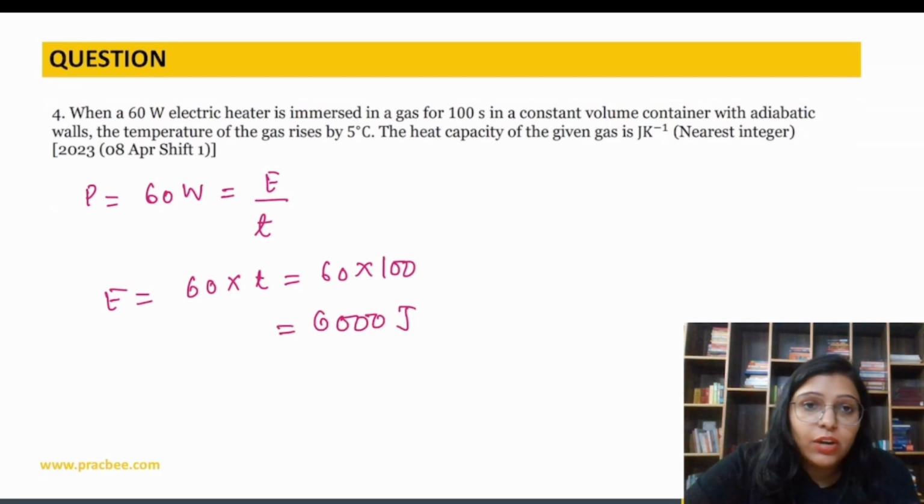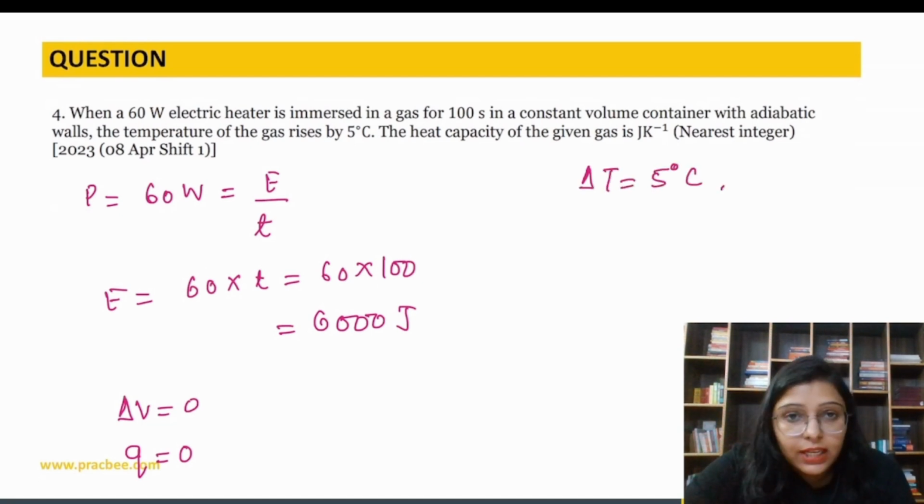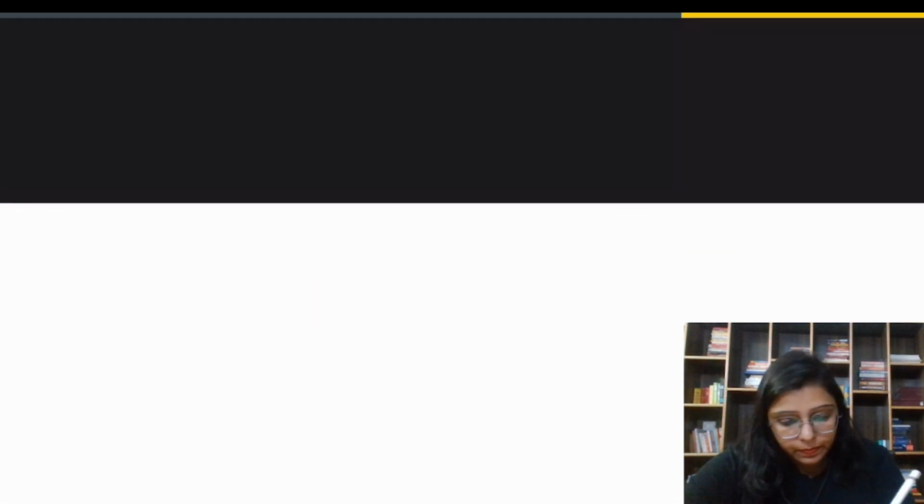In a constant volume container, that is delta V is 0, with adiabatic walls, it means Q is equal to 0. The temperature of the gas rises by 5 degrees Celsius. Delta T is equal to 5 degrees Celsius. So the heat capacity of the given gas. So it means we have to find the heat capacity at constant volume, which is equal to the change in internal energy. So how to solve this?